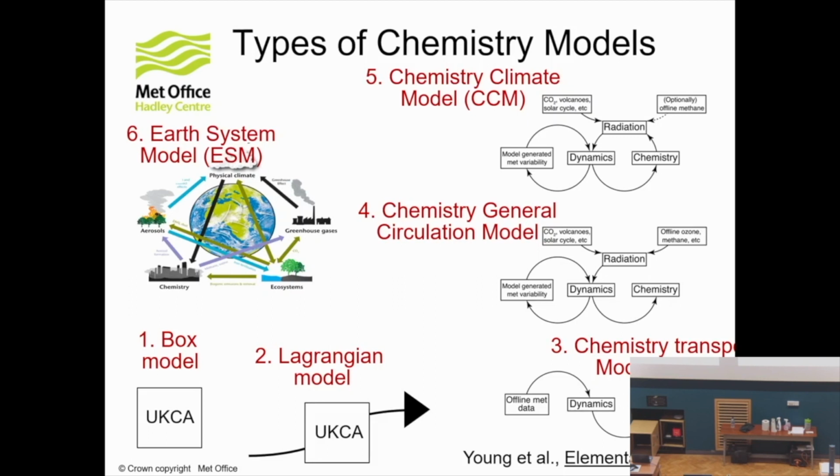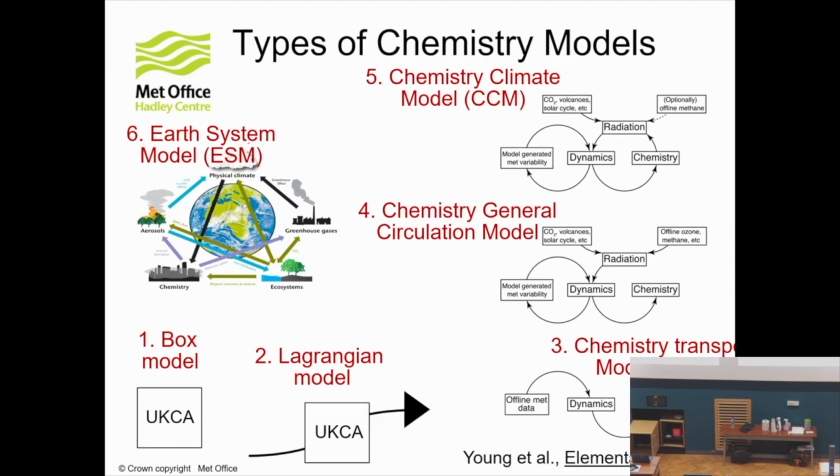The next step up from that is what we refer to as a chemistry general circulation model. I should say this schematic of these three different types of models has come from this paper by Paul Young. The difference in this general circulation model is that the model isn't getting its meteorology from an external source, but is actually generating that meteorology itself.